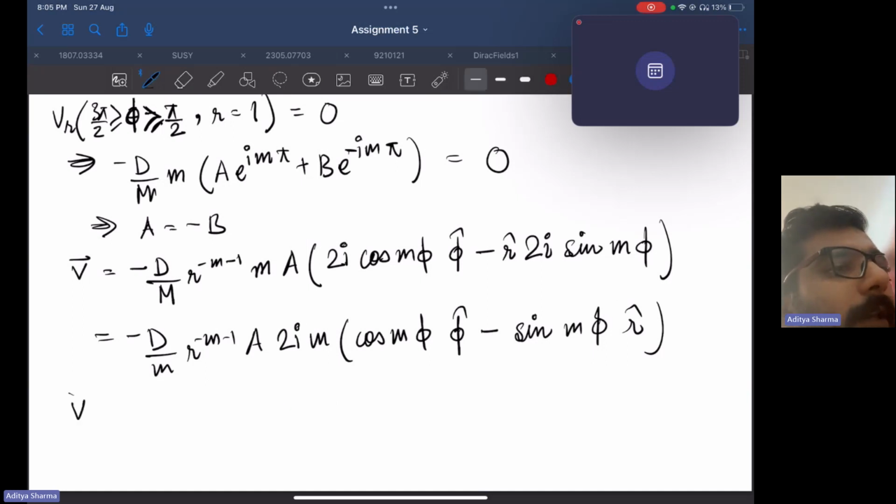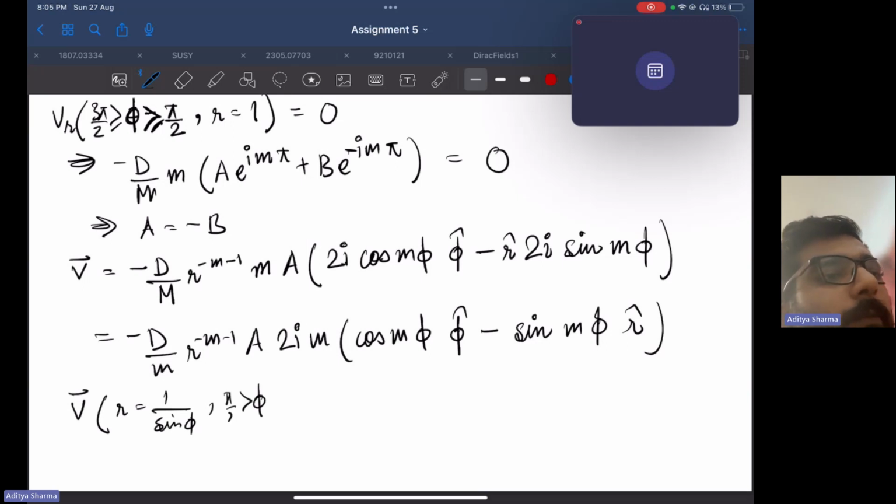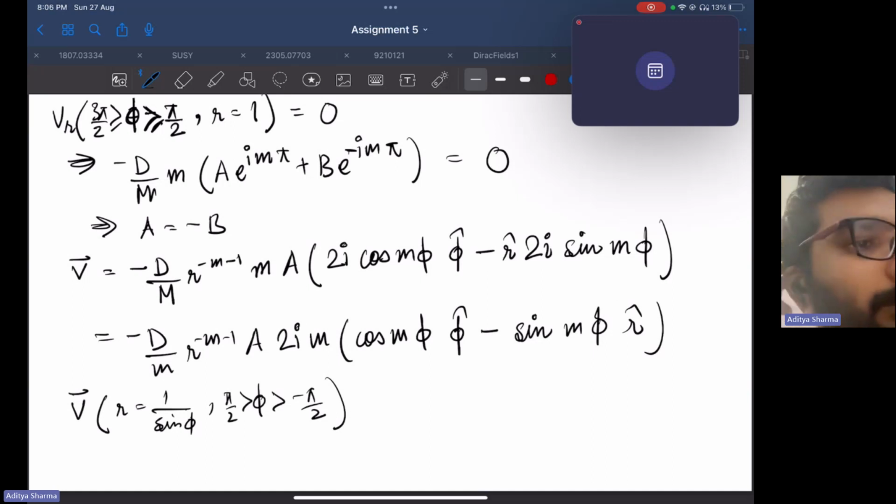So at r equal to 1 by sin phi, and phi between pi by 2 and minus pi by 2, v as a whole should be 0.